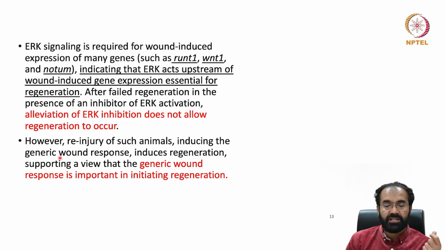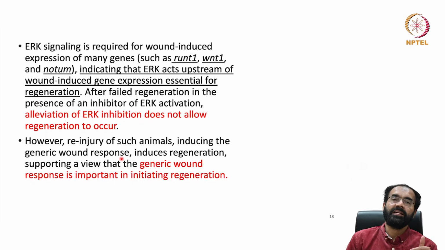Failed regeneration is the result in the presence of an ERK inhibitor. However, re-injury of such animals, inducing a generic wound response, changes this. Say a wound was there, you block the ERK signaling and the wound is healed somehow, you have no regeneration. But if you want them to regenerate, you have to make a fresh wound. That means the wound response is a must, supporting the view that the generic wound response is important.